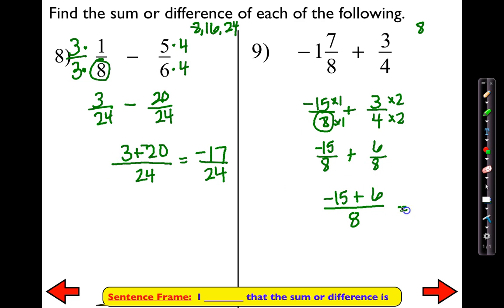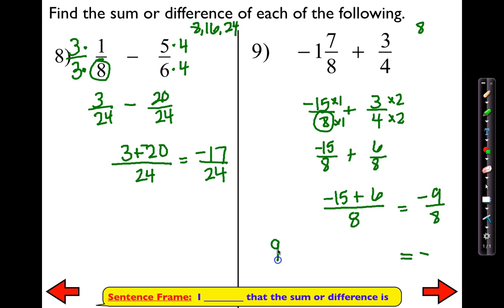So here I see there are definitely more negatives. How many more negatives than positives? Well, there's 15 negatives, 6 positives. So there are 9 more negatives than there are positives. Now this is improper, so I am going to want to turn that into a mixed number. Before I actually do the side work, I want to remember that it is negative. I do this because I often forget the sign when I do some side work, and I'm going to get it wrong, which I don't want to do.